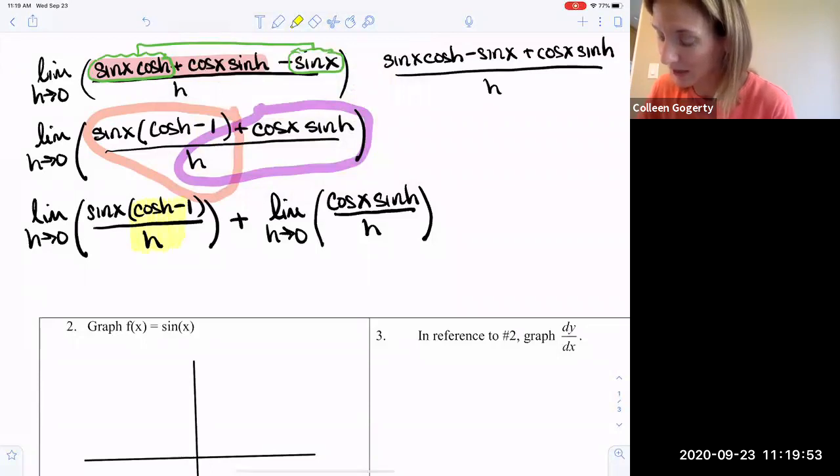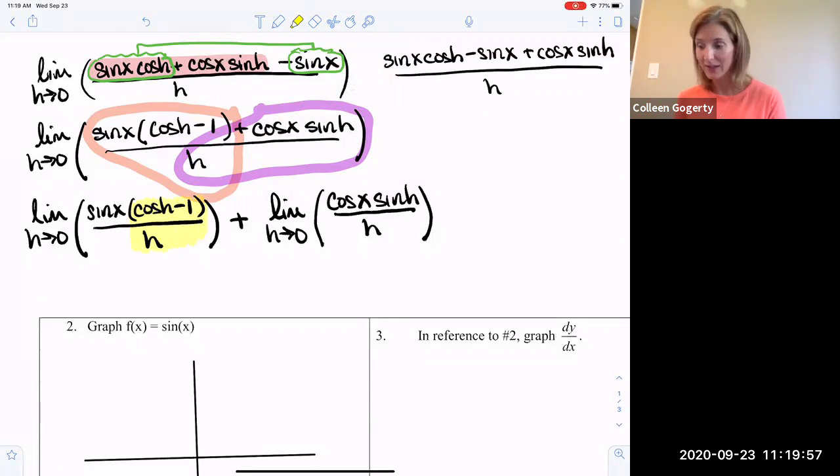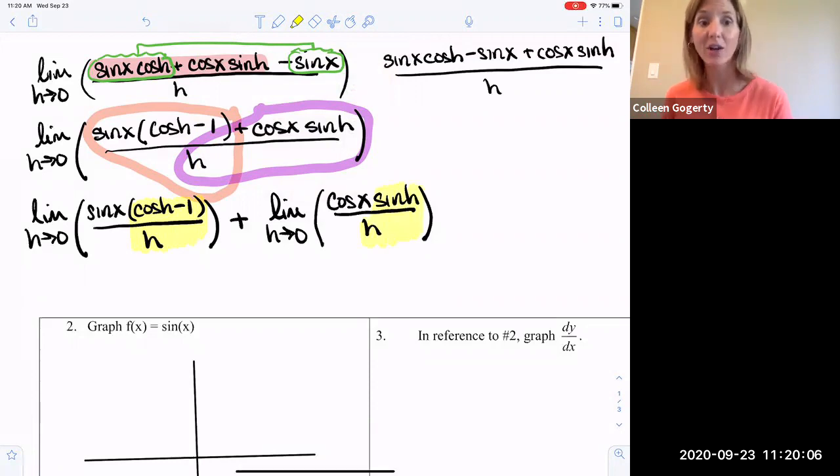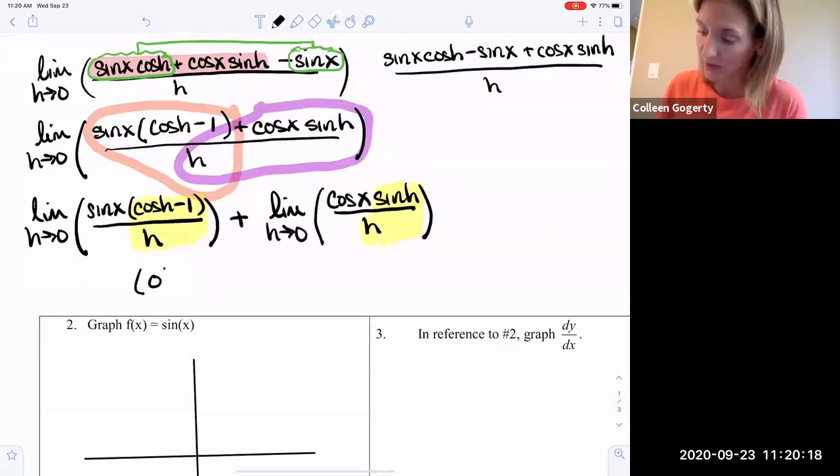This right here is a memorized limit. Same with this one over here. If you go back and look at our chapter 2 notes, you're going to see that I have it memorized: the limit as h approaches 0 of cosine of h minus 1 over h has the value of 0.